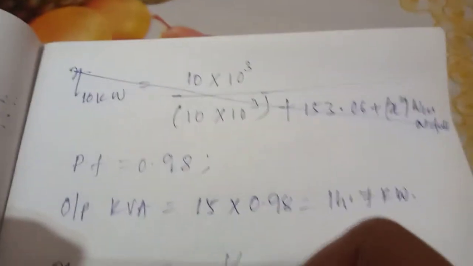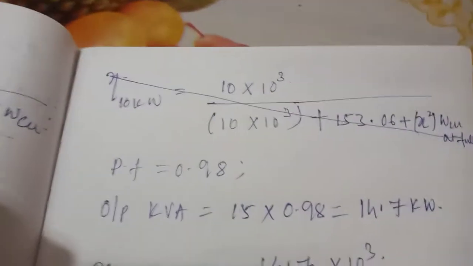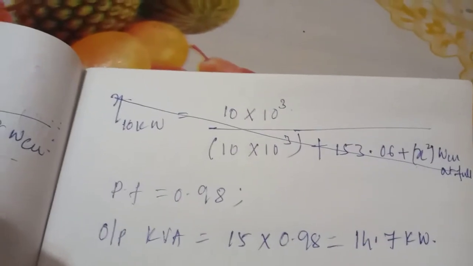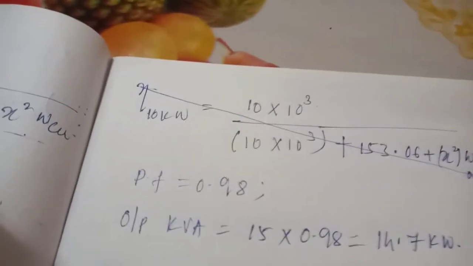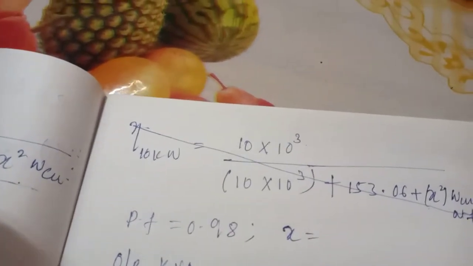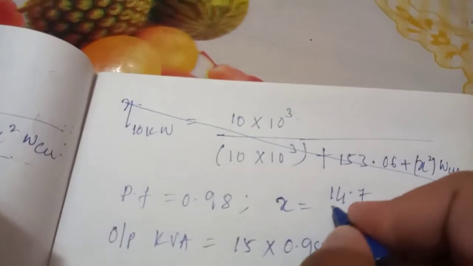So now what is the output? 14.7 into 10 to the power of 3, divided by 14.7 into 10 to the power of 3 plus Wi, 153.06, plus x square. How to calculate this x?